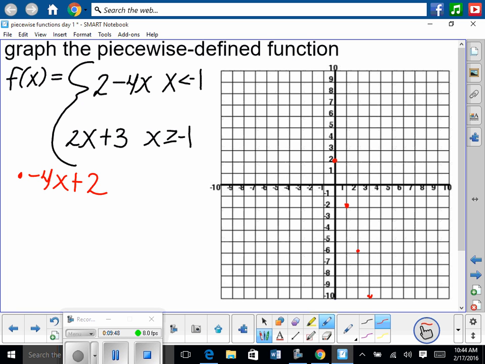Okay, are you good up here? Okay, so do you see how I have this line? Oops, I kind of missed that last one. Okay, so now I'm going to graph 2x plus 3. Sorry, I was just trying to think of maybe I should do something different, but let's just keep going.